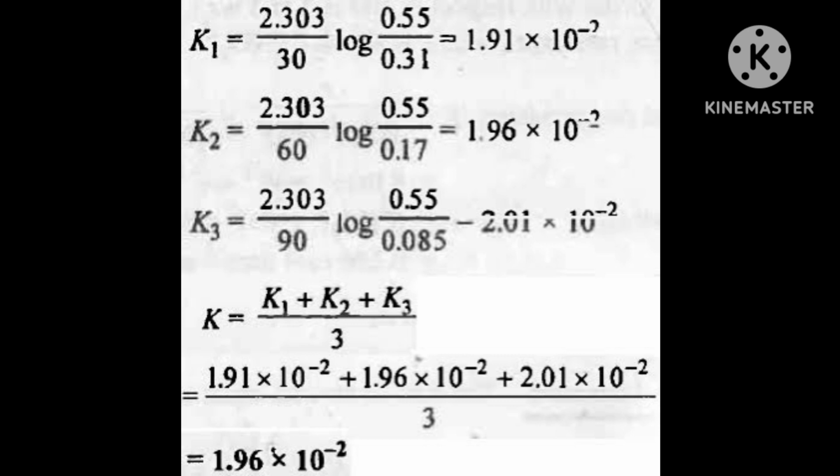Hence you will get the result, 3.64 into 10 to the power minus 5. K dash value after solving: 2.004 into 10 to the minus 3 on top, 55 below. Then you will get 3.64 into 10 to the power minus 5 mole per liter per minute, correct?